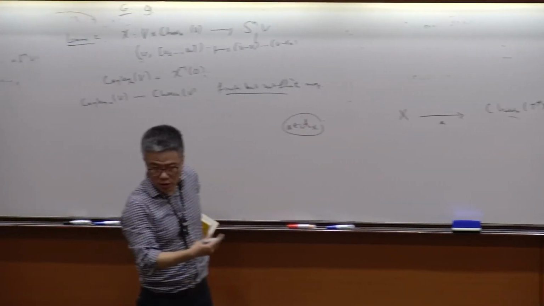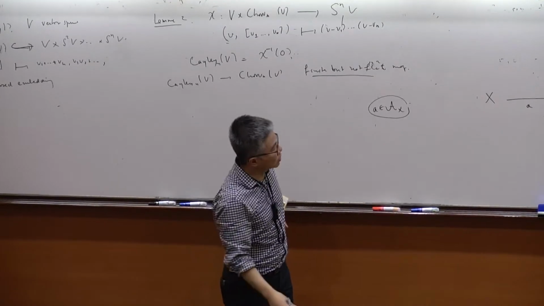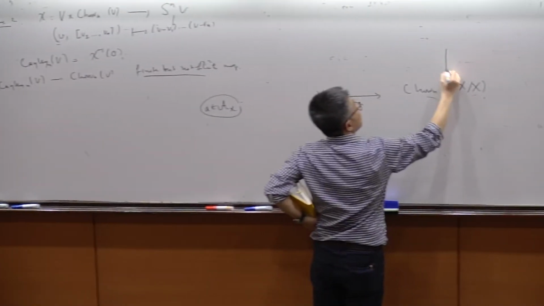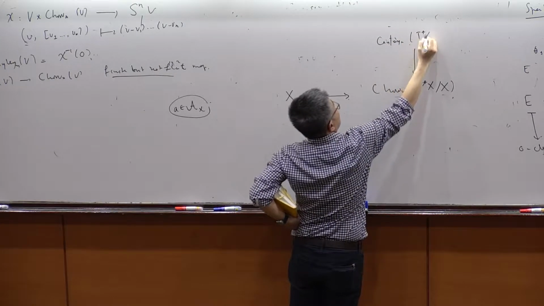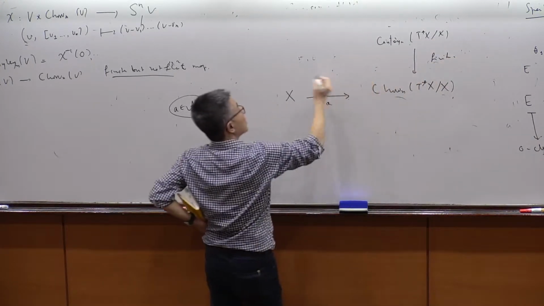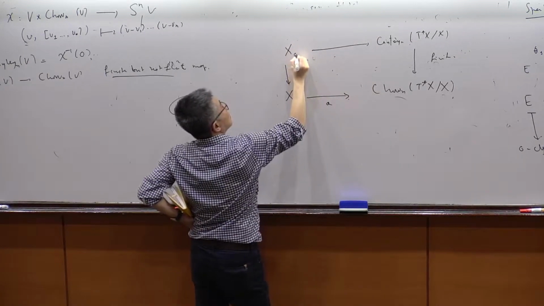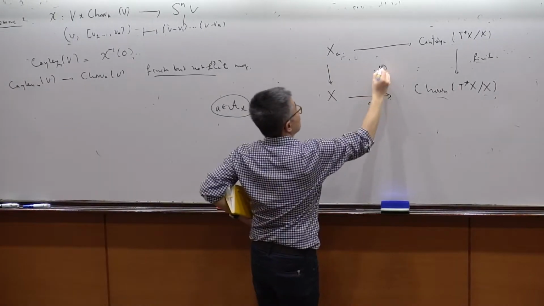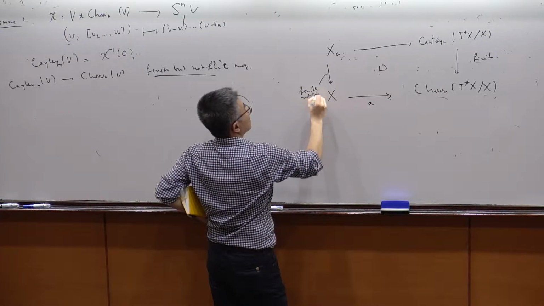That's how the spectral data is given by a section of the relative Chow scheme. And then you have this Cayley map. So this is finite. So again, like in the one-dimensional case, you just form the X_A. So this is finite, but not flat.